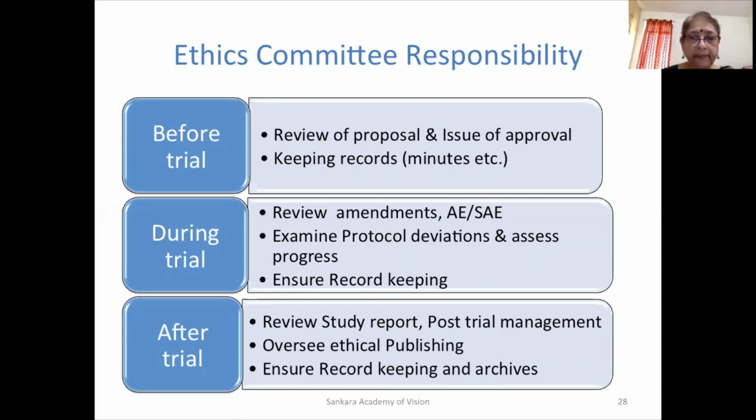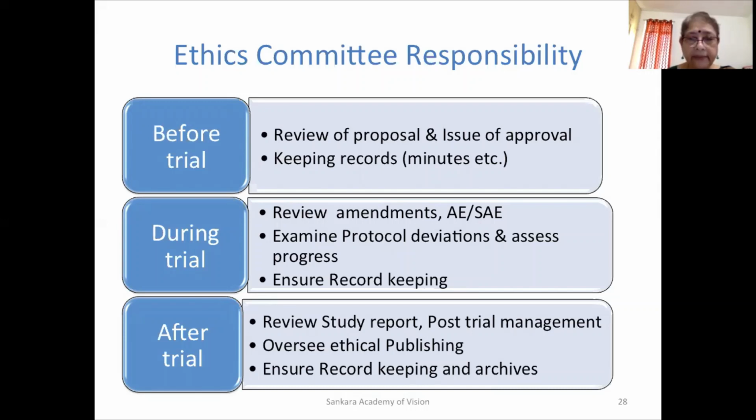Ensure record keeping. So after the trial, what happens? Their duty is not over. They have to review the study report and post-trial management, what was promised earlier, they have to check that aspect, and also oversee ethical publishing and ensure record keeping and archives.